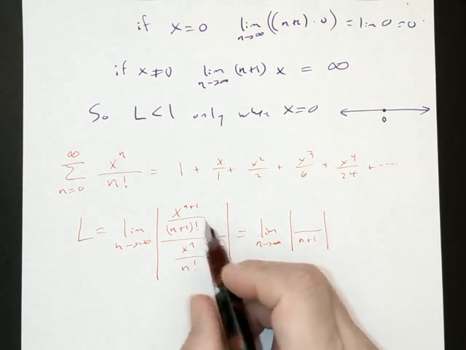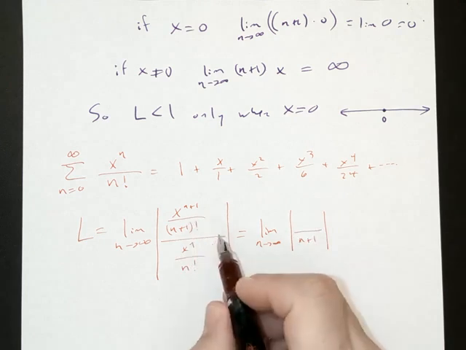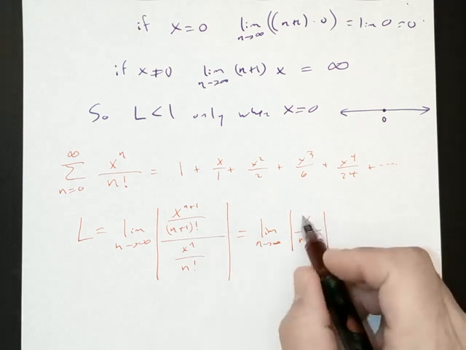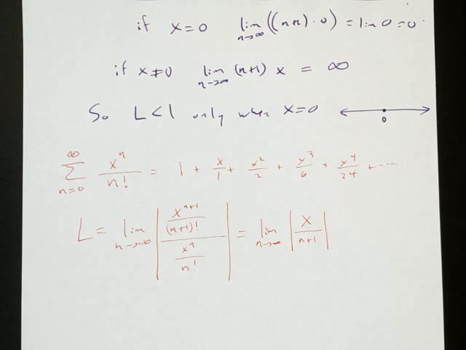But when I bring this up and flip it over, the x to the n plus 1 is on top. There's an x to the n on the bottom, right? So the only thing that survives on top is a single x. Now wait a second. Pick an x. I don't care what number you pick. The bottom of that fraction is getting absolutely huge, right? What's that limit? It's 0.